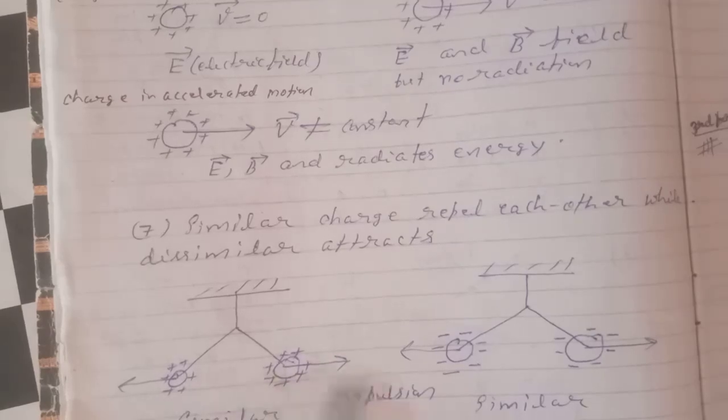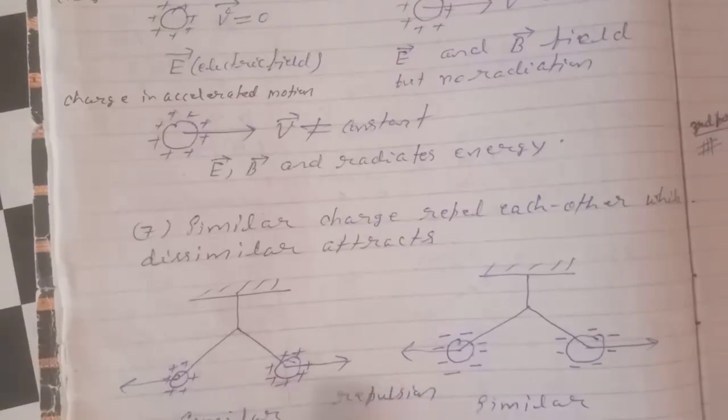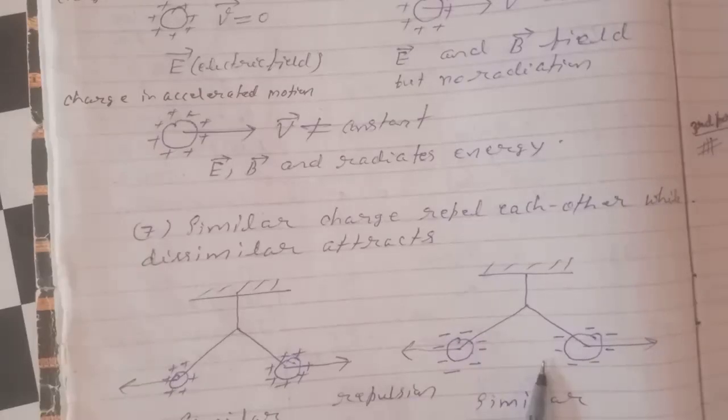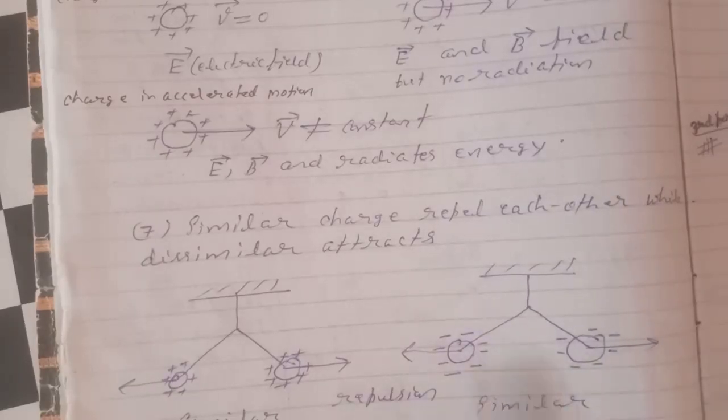So this body will repel, applying a force in this direction away from this body, and this also applies a force in this direction. We may say that a repulsive force acts between charges of the same nature. If both bodies are negatively charged, they will also repel each other, this body repelling in this direction and that body repelling in that direction.